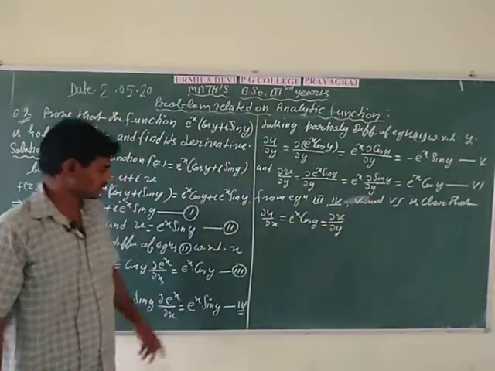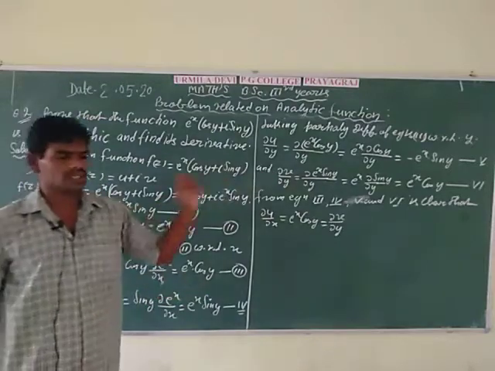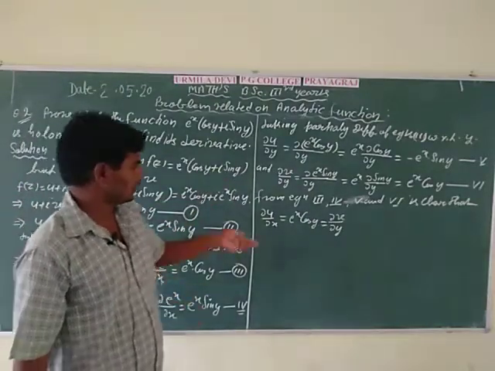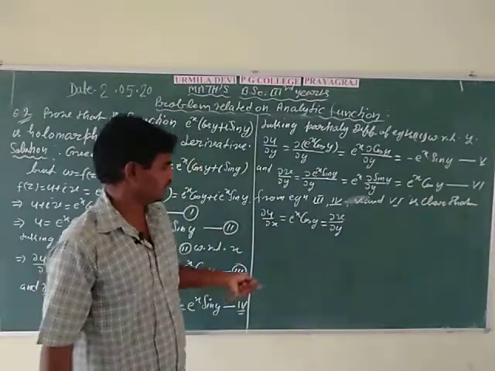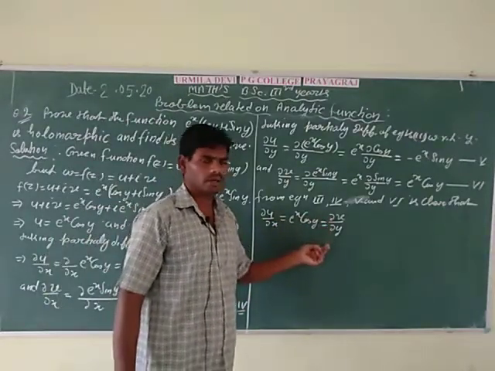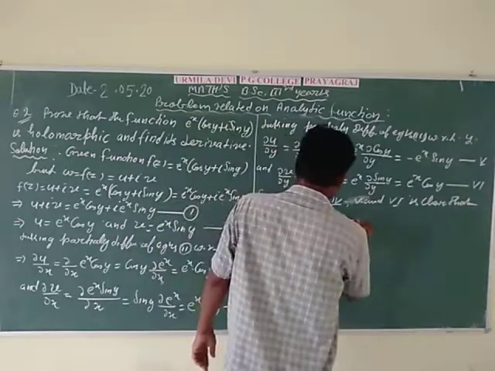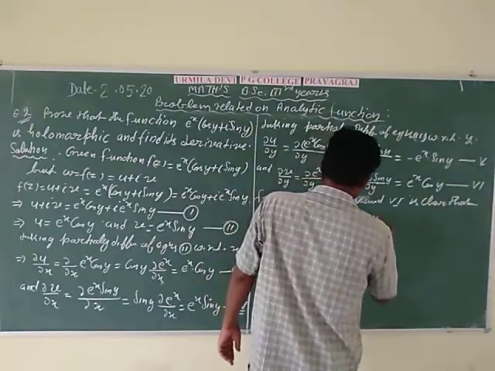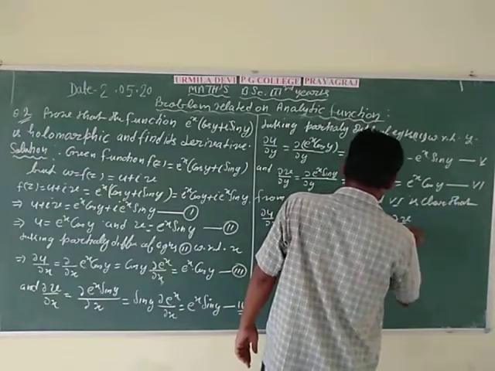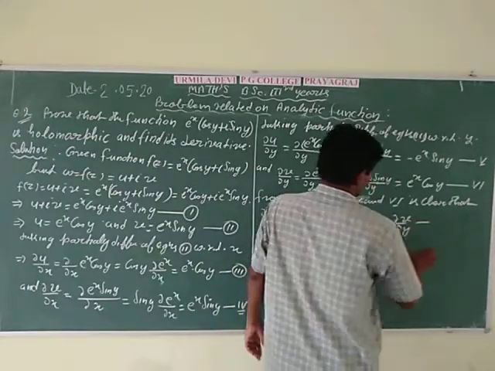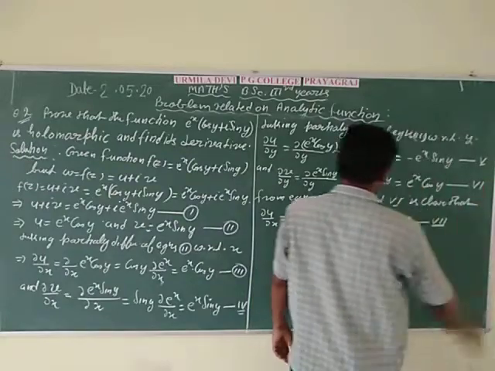So from equation 3rd and equation 6 it is clear the value of del u by del x is equal to e to power x cos y, which is also equal to del v by del y. So it is represented as del u by del x is equal to del v by del y, equation 7th.